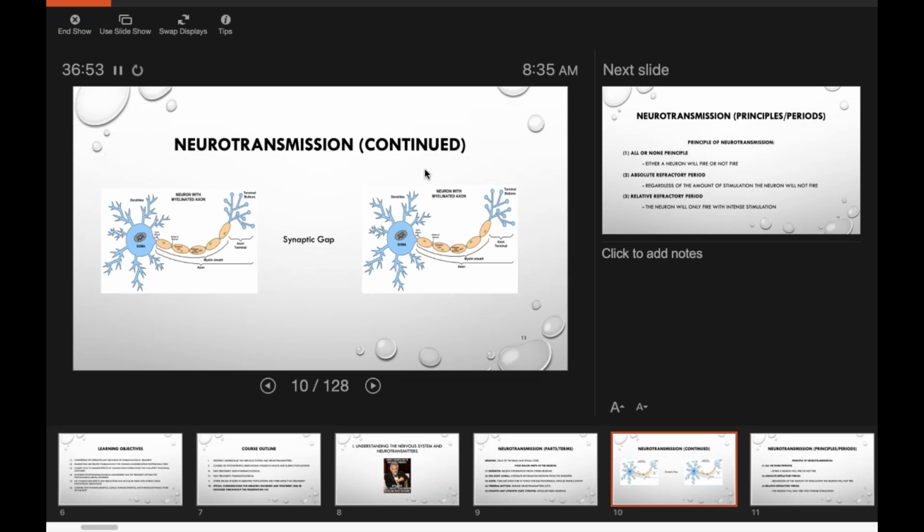So many of you probably have heard of medications called Zoloft, Paxil, Prozac, Lexapro, Celexa. Those are called selective serotonin reuptake inhibitors. So what that's saying is reuptake is happening of serotonin.